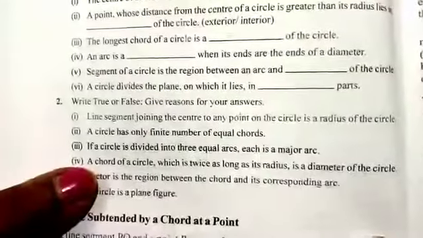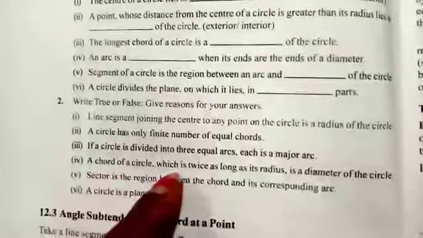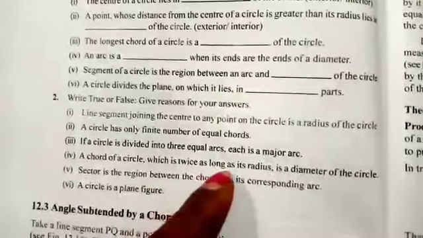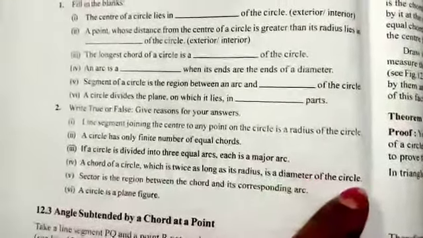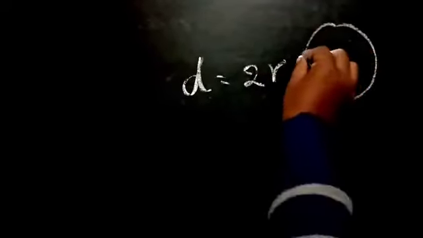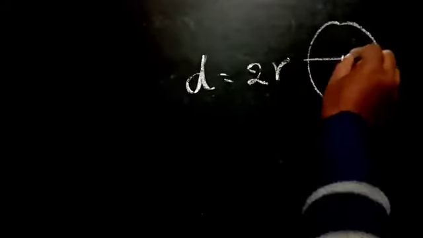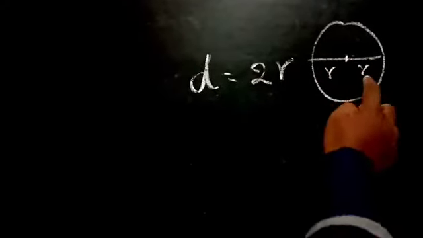Fourth one is, a chord of a circle which is twice as long as its radius is a diameter of the circle. Yes, it is true, because in a diameter we have 2 radii. So, 2 radius is called 1 diameter.